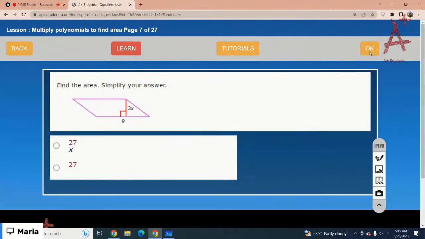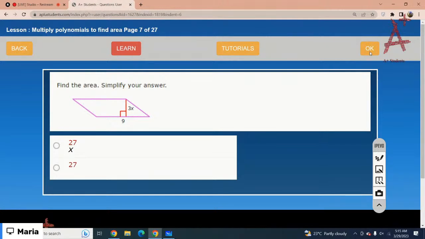Okay, find the area, which is the correct option. 9 times 3 is, yes, 9 times 3 is 12x.